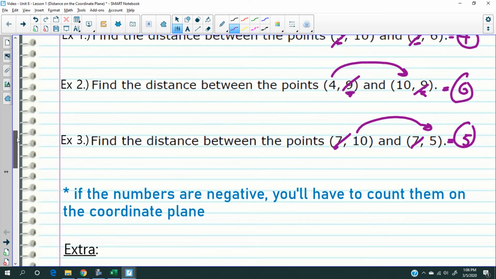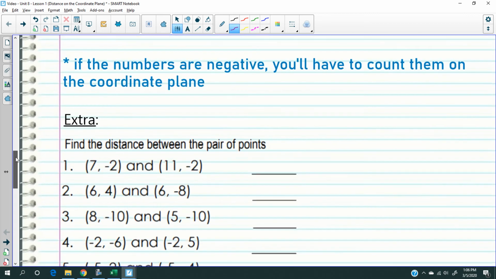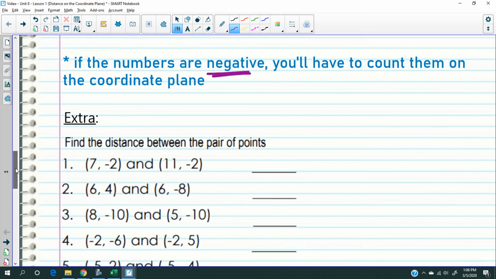So this is a very easy first lesson, which is important. One last thing, if the numbers are negative, you're going to have to count.